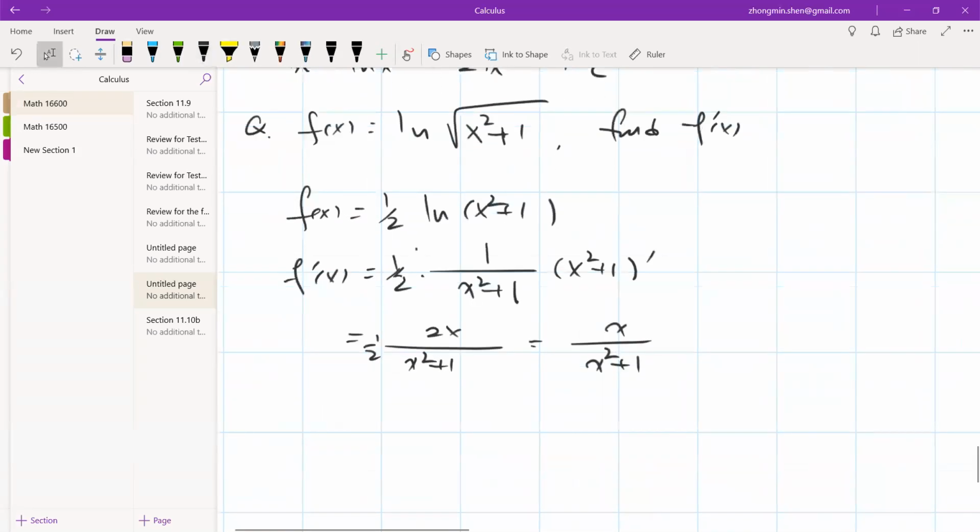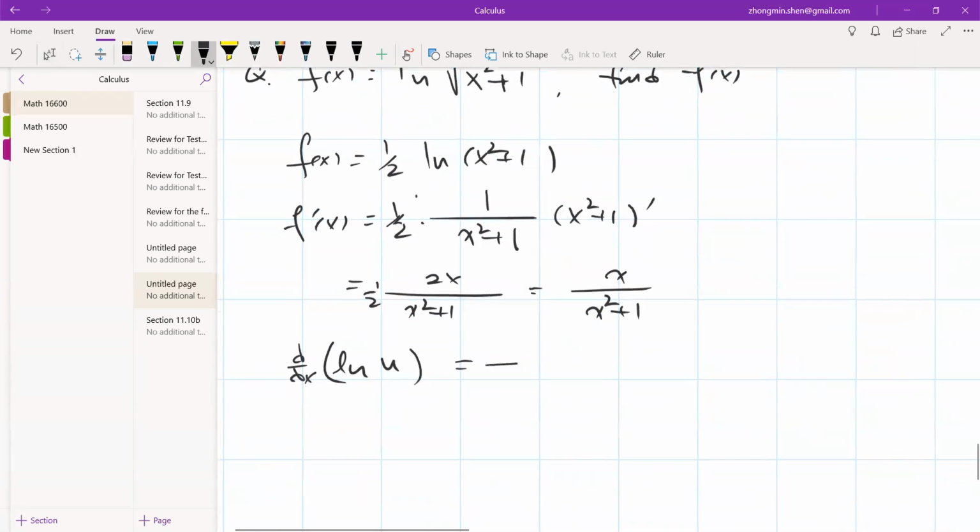Okay. What we are doing here is, if you differentiate natural log of u, be careful, it's with respect to x, not with respect to u. By the chain rule, this is going to be this, right? The chain rule. Now, u is inside the natural log and another u is in the denominator, du, right?